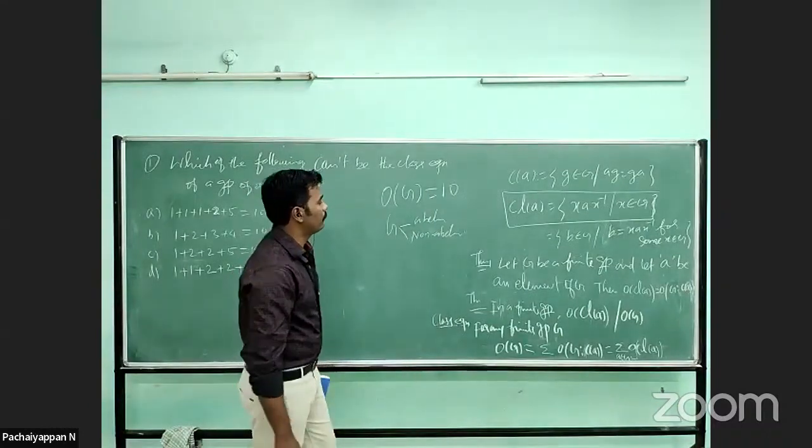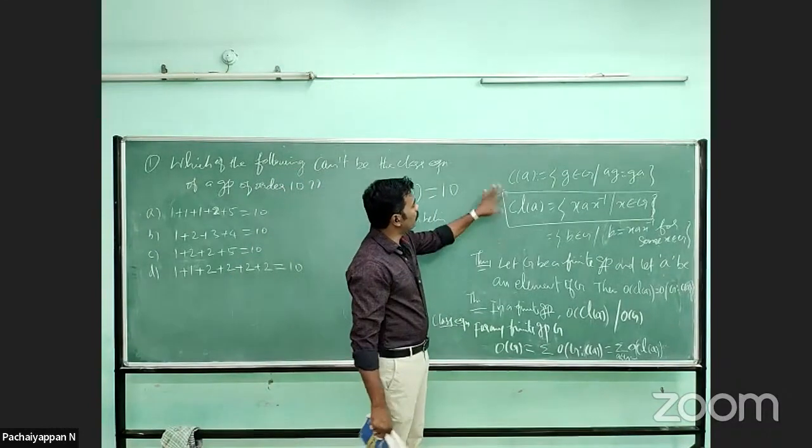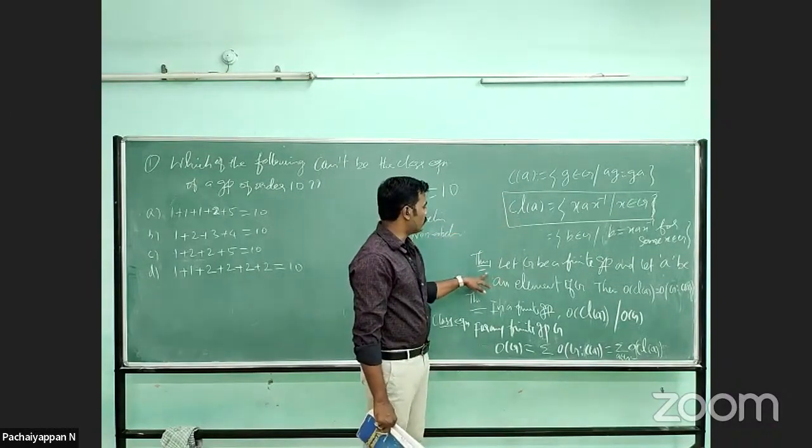Now here, C of A and CL of A are given. What does the theorem say?